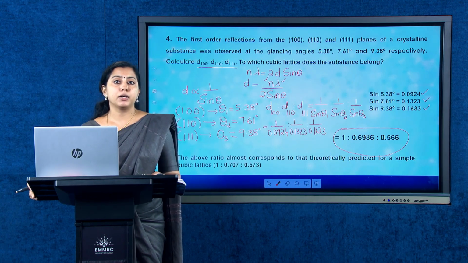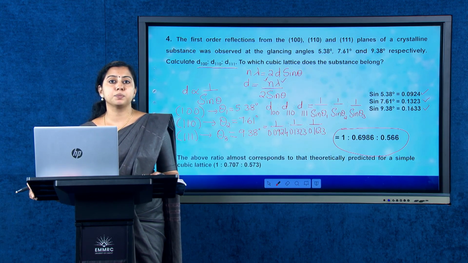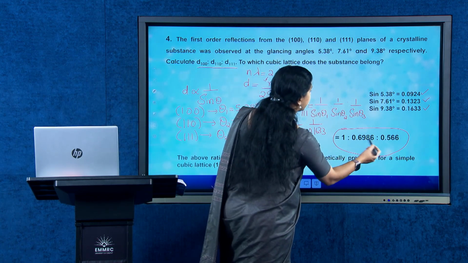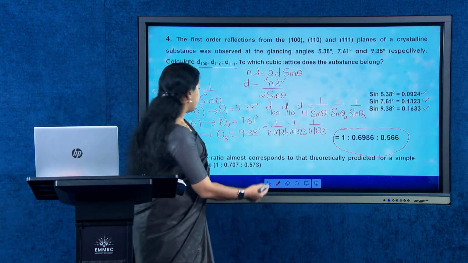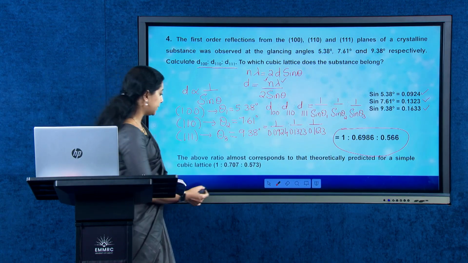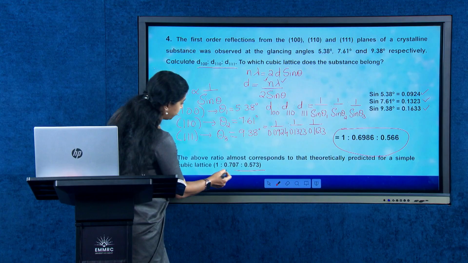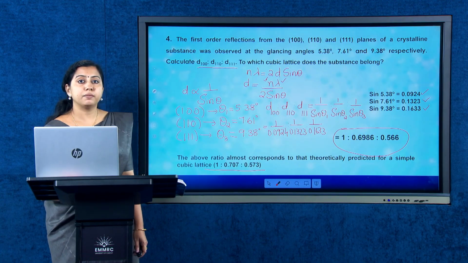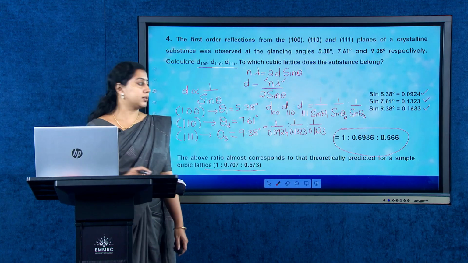Now, the last part, to which cubic lattice does the substance belong? So, this ratio, that is 1 is to 0.69 is to 0.56 corresponds to the theoretically predicted ratio for a simple cubic lattice, that is 1 is to 0.707 is to 0.573. Okay. So, it is almost close.